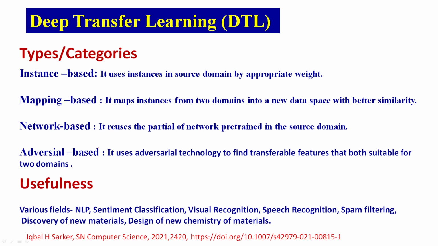Like you can have instance-based approaches, which use instances in the source domain with appropriate weights. What does it mean? You have already talked about the source domain, right? So, what is an instance? I talked about instance. An instance means basically one data point. Let us say I am doing an experiment where I vary time, and I calculate the strain in the material.